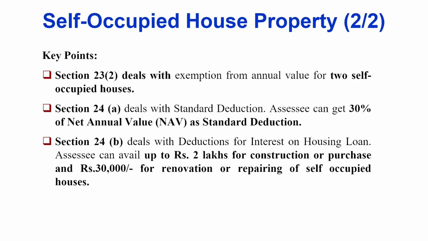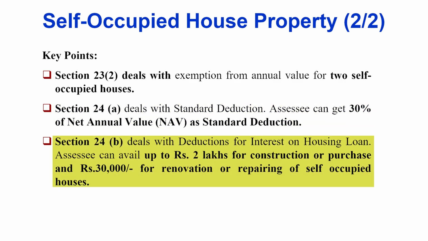Some key points regarding self-occupied house property. Section 23 subsection 2 deals with exemption from annual value for 2 self-occupied houses. Section 24 subsection A deals with standard deduction. Here the assessee can get 30% of net annual value, that is NAV, as standard deduction.